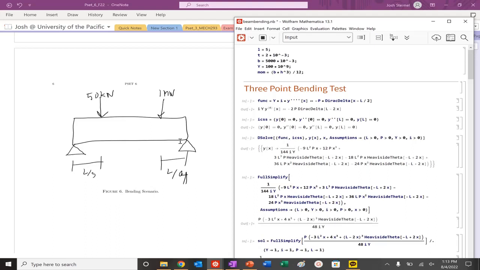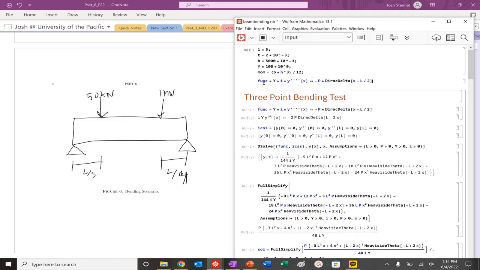All right, let's dive in and start to solve for our bending scenario. What are our functions that we're working with here? I'm going to have some function here, E times I times the fourth derivative, which is a fourth order ODE that we're going to have to solve.